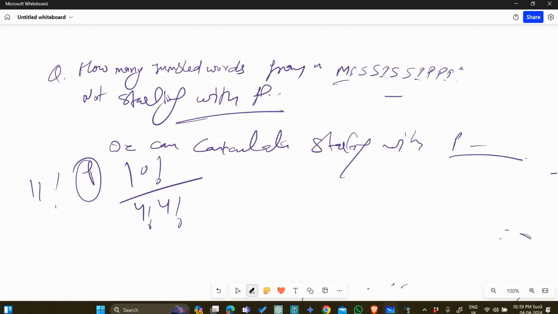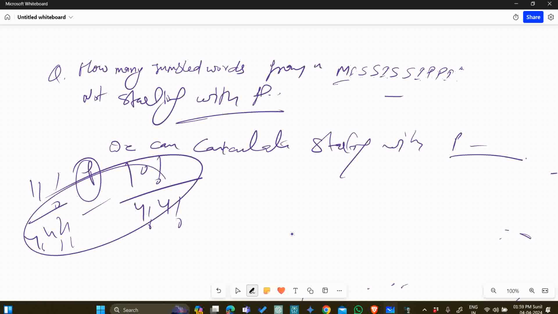And total is 11 factorial upon 4 factorial, 4 factorial, and 2 factorial. This is the answer. Starting with M would be 10 factorial upon 4 factorial, 4 factorial and 2 factorial.